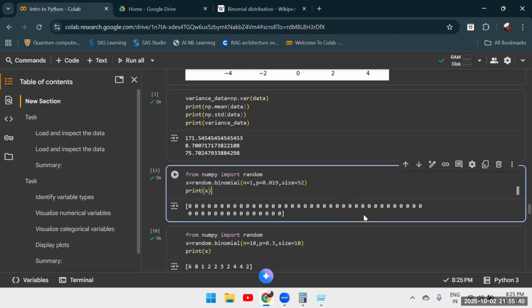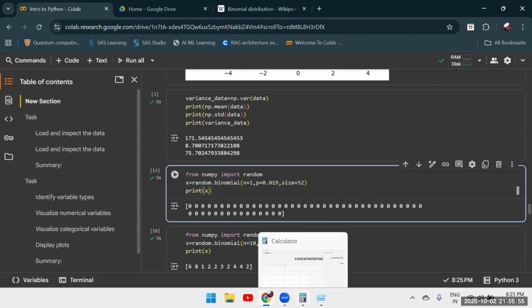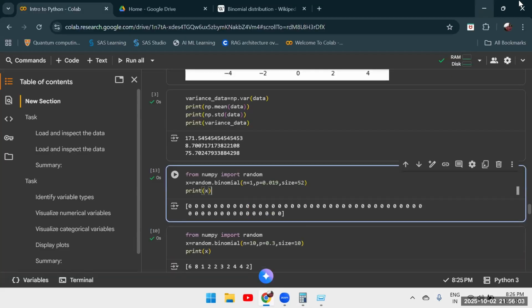Not even once is there any possibility, it is showing, because see, the probability itself is 0.019. So which means 1 in thousands or maybe that many iterations you might have to play in order to get this.